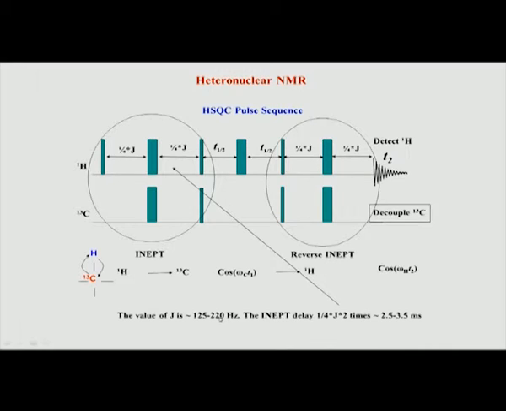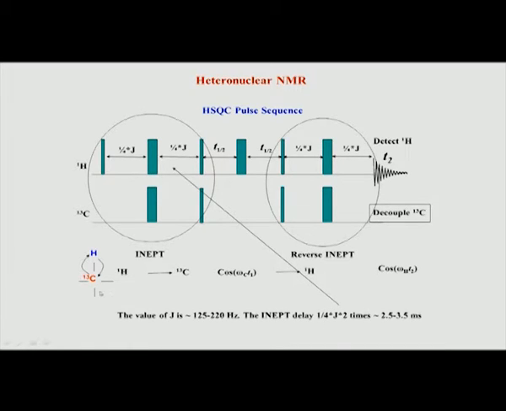We saw in the previous classes that the coupling constant is weak for a CH bond that is sp3, and as you go to sp2, as in aromatic, and sp, in acetylene for example, the coupling constant is very high. So, this is a large variation you can see here. What one does is, based on what type of functional group you are trying to look at, you decide the delay value.